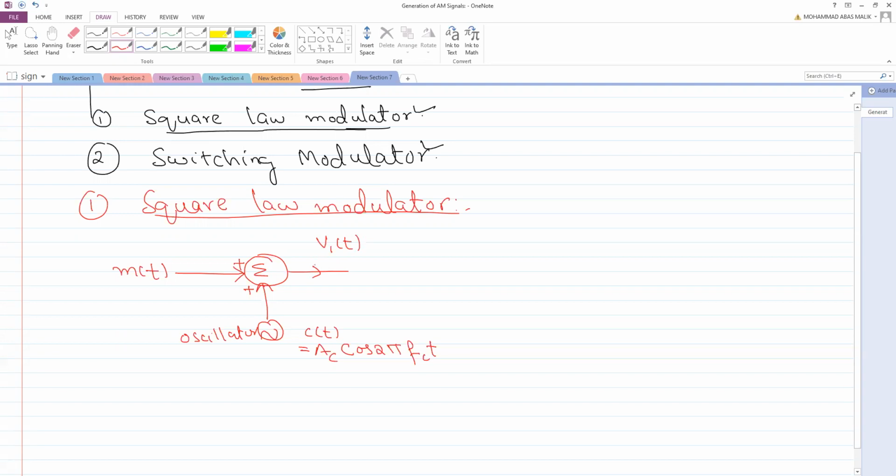This is the output from the summer, and this will be input for the square law device. We'll see what this is. For a square law device, a diode is an example. We'll try to analyze this a little bit. Then output of this square law device will be v2(t).